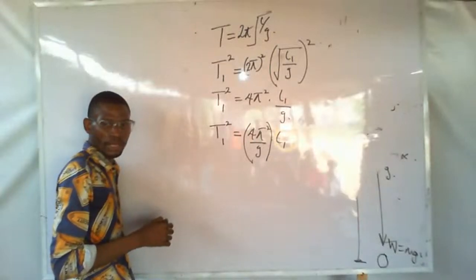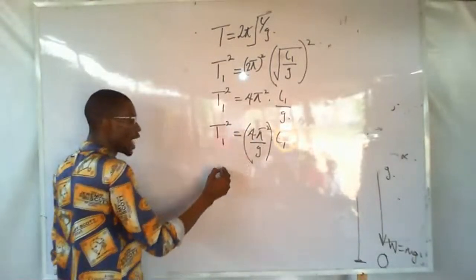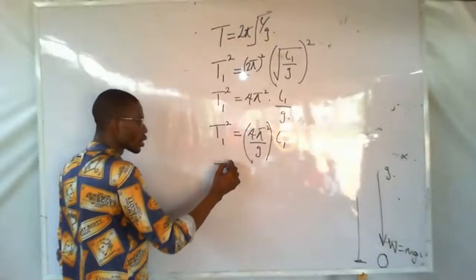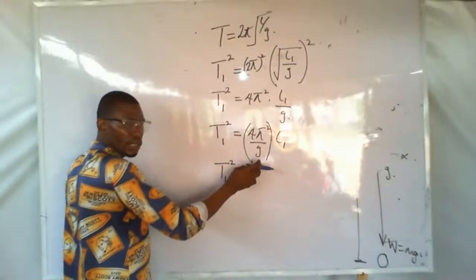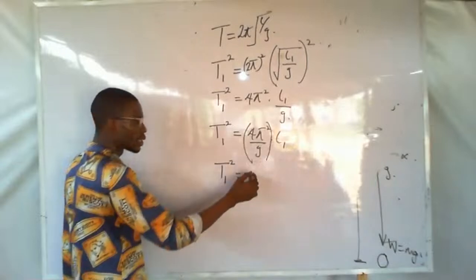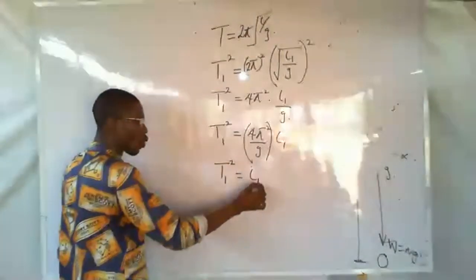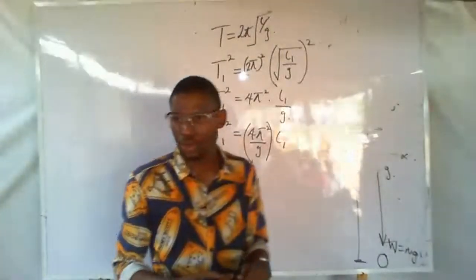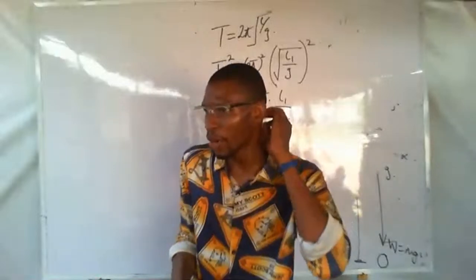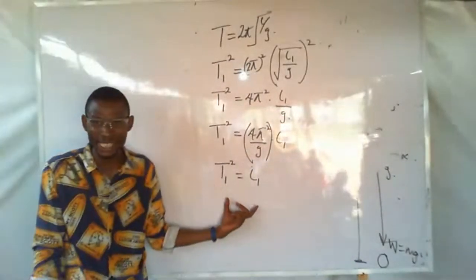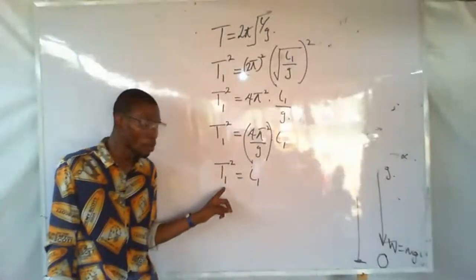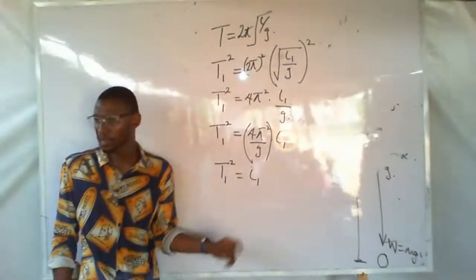Let's say T square 1 equals a constant times L1. Who understands what I'm trying to do? What I'm trying to do is create a relationship between period and length.